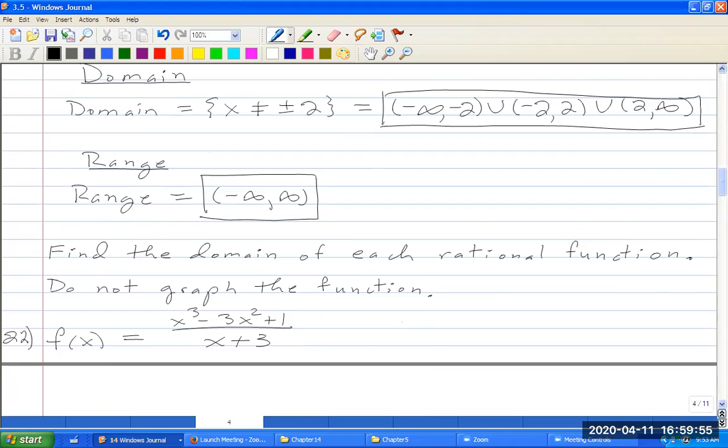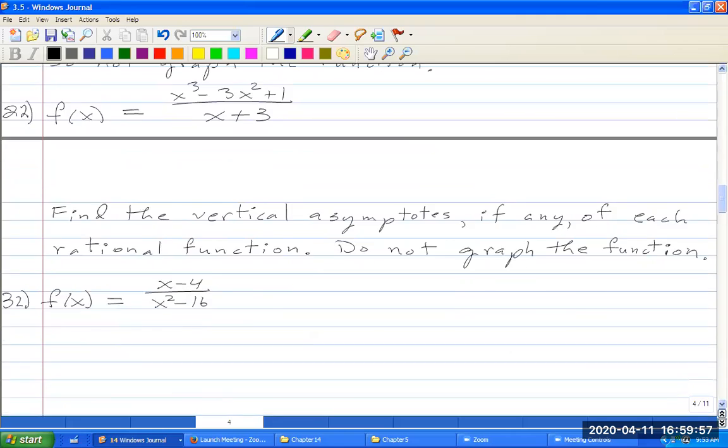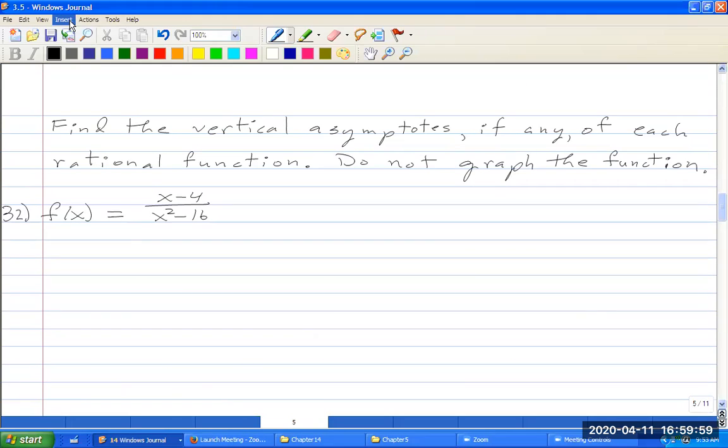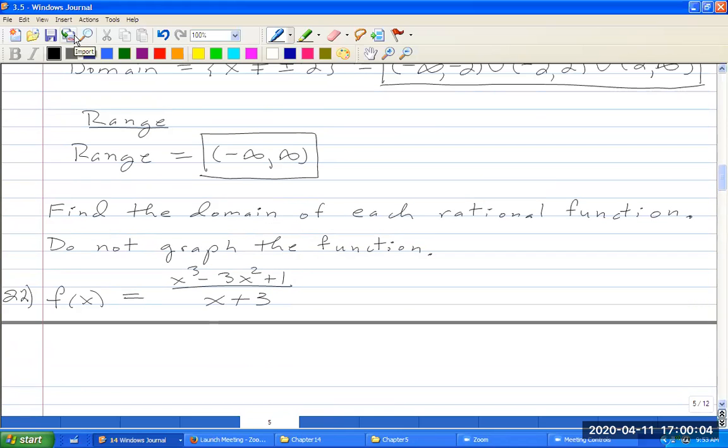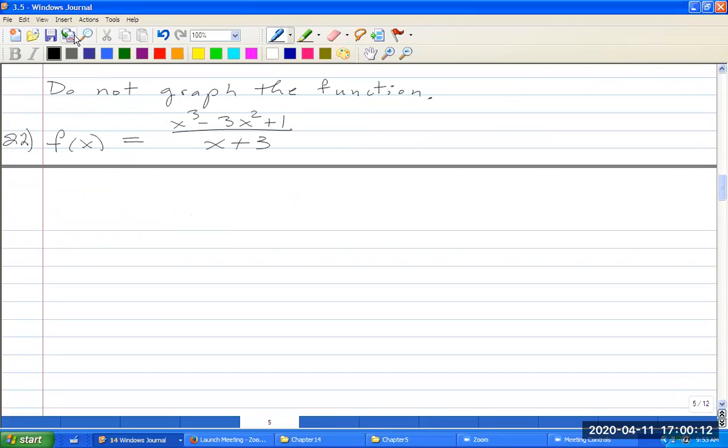Let me do problem 22. I'll definitely need a page. Find the domain of each rational function. Do not graph.